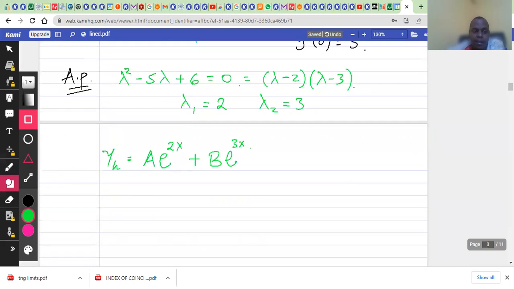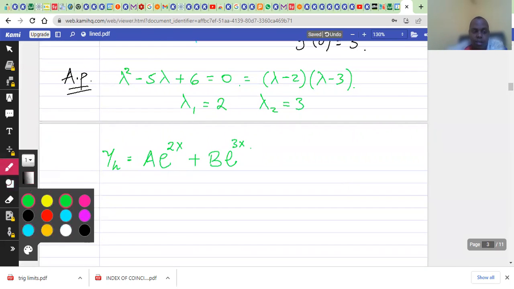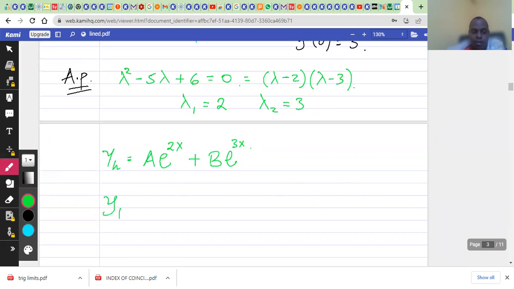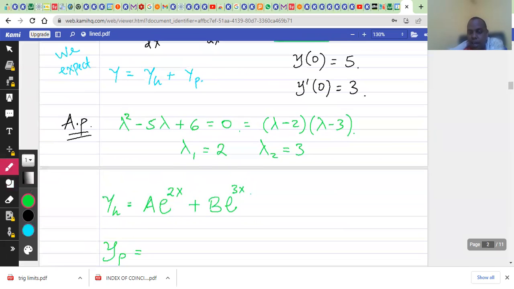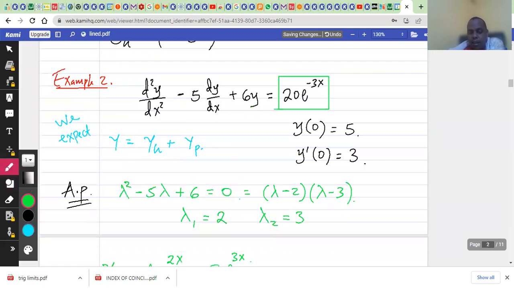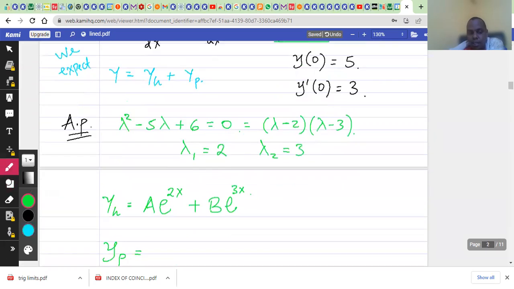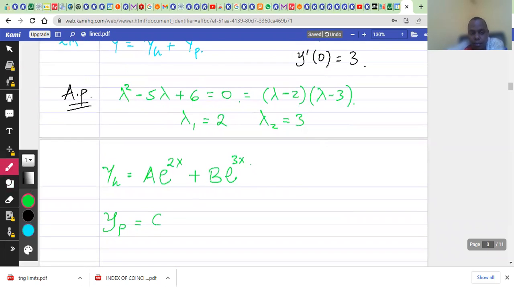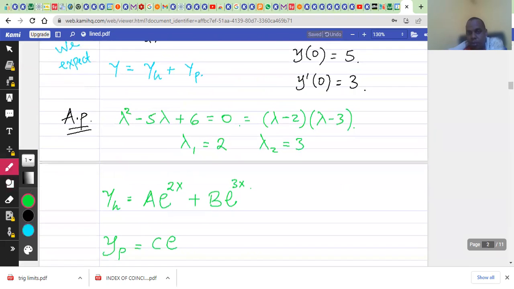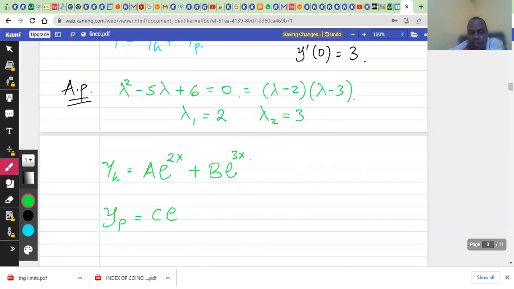So we expect our particular solution to take the shape of f of x, some constant c times e to the power of negative 3x. That's what we expect for the particular solution. Are we together up to that point?